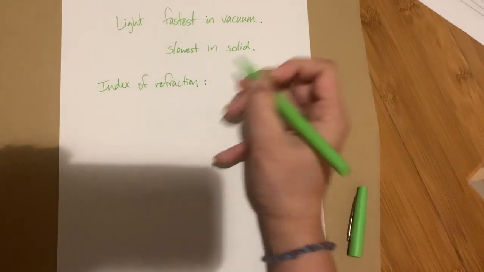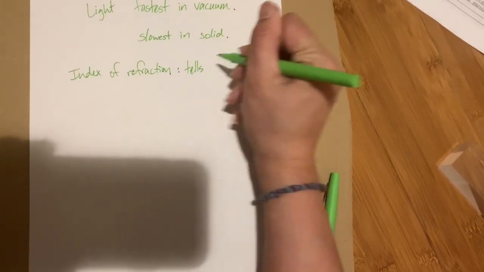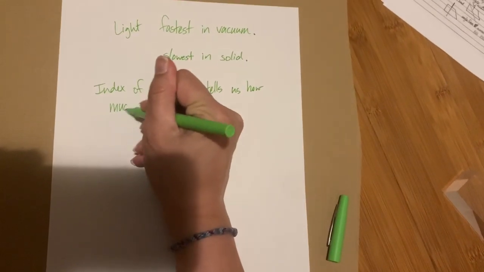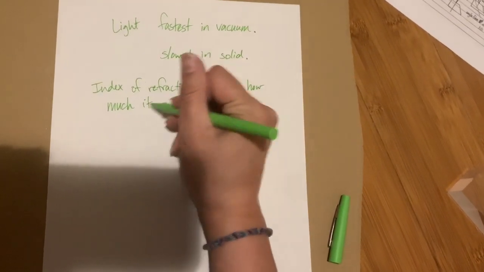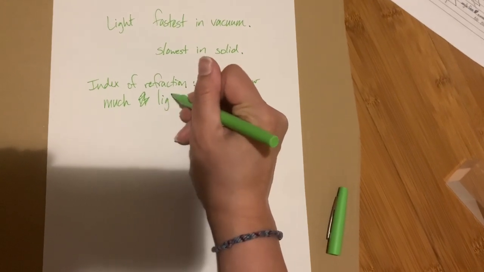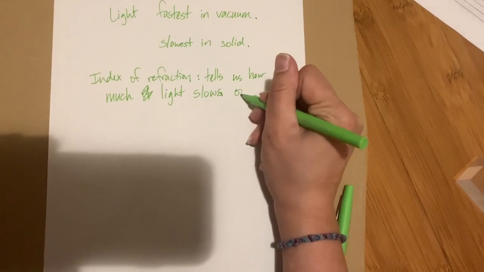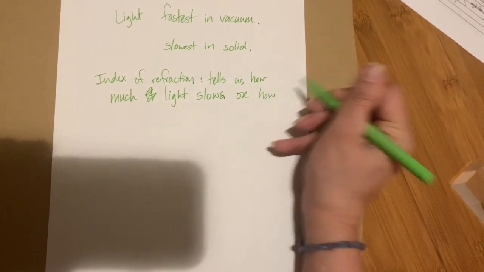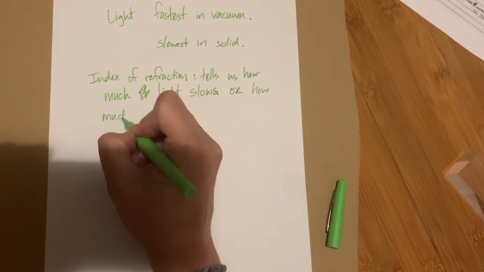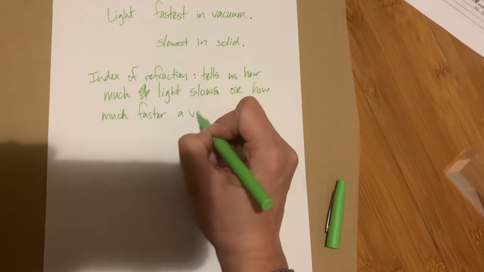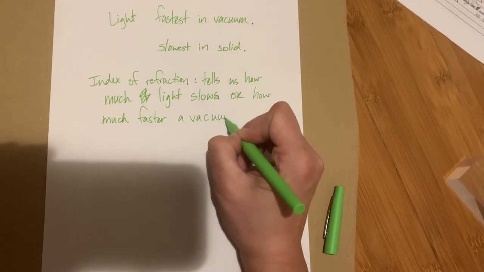The index of refraction tells us how much light slows, or how much faster a vacuum is compared to a medium.